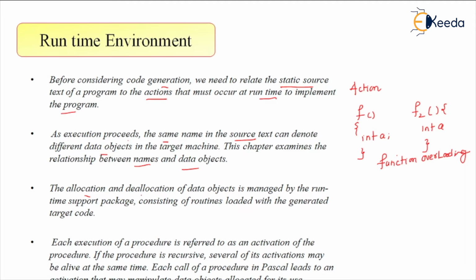The allocation and deallocation of data objects is managed by the runtime support package, consisting of routines loaded with the generated target code. Allocation and deallocation of data objects means allocating and deallocating memory.